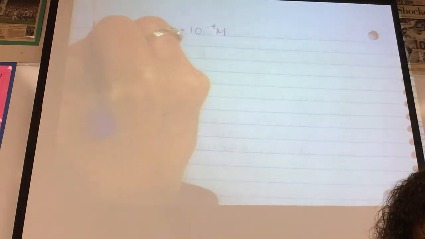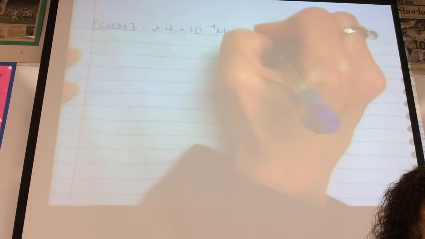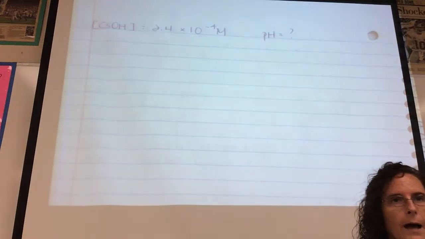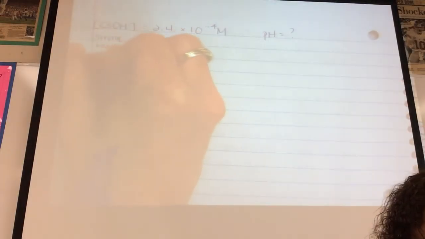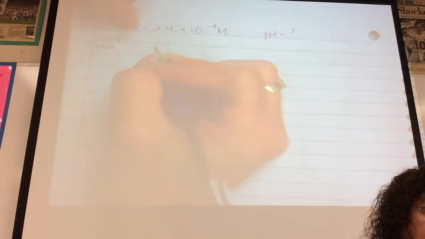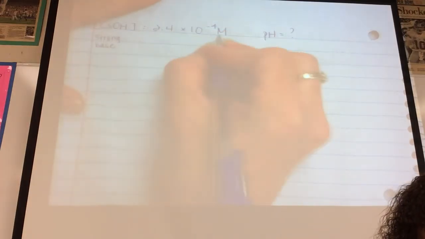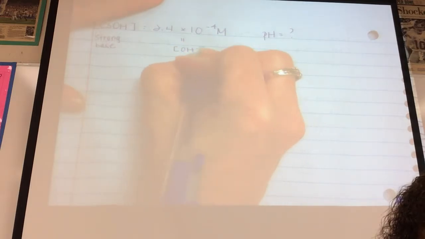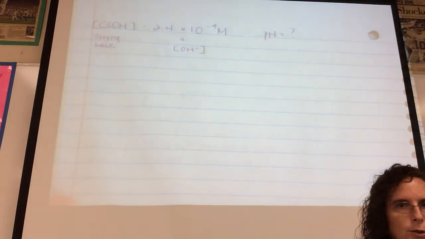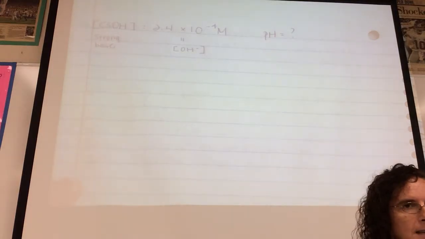We want to know the pH, whether it's acidic or basic, and why. First thing you're going to recognize is this is a strong base that ionizes completely. It's got 1 hydroxide ion in it, so this concentration is also equal to the hydroxide ion concentration. Does that make sense?